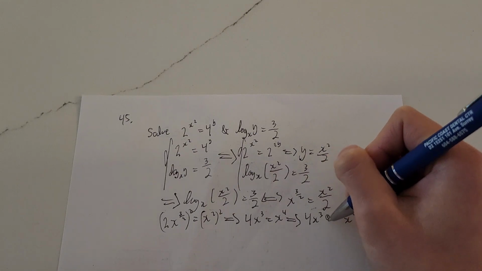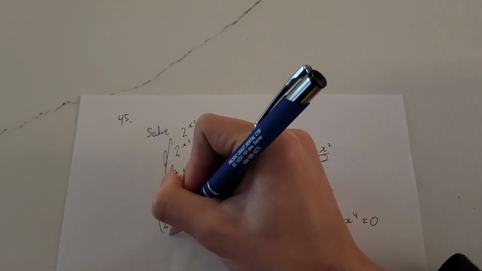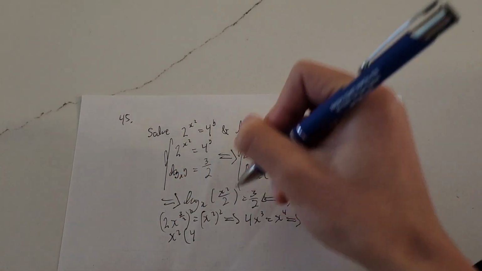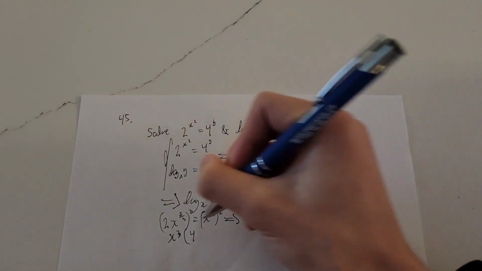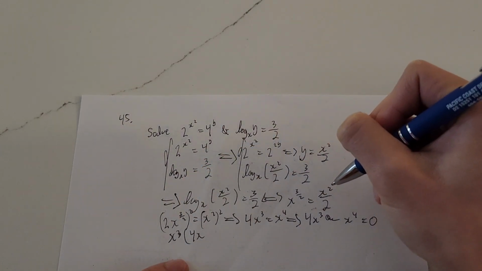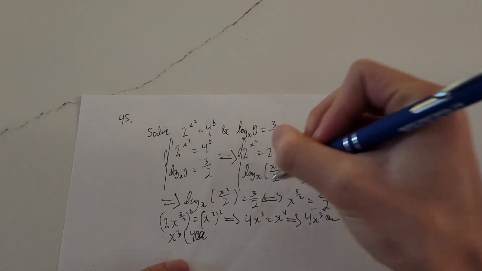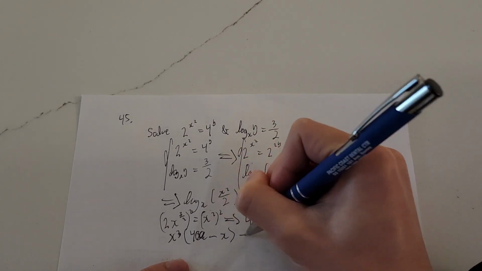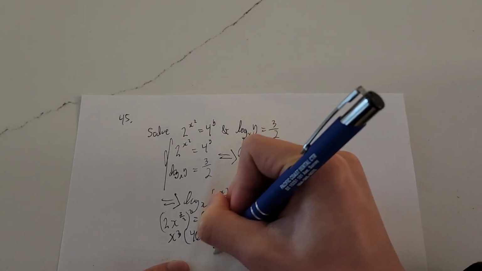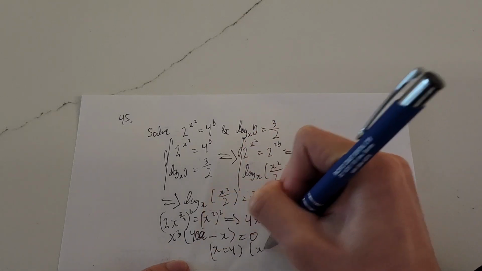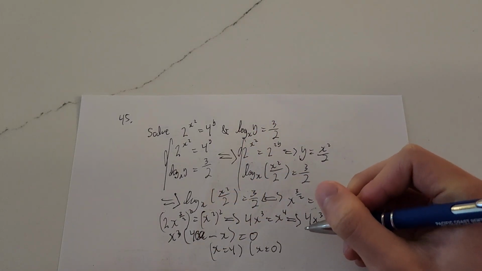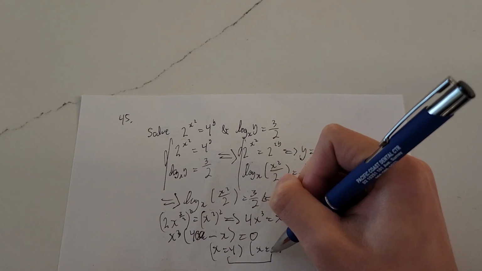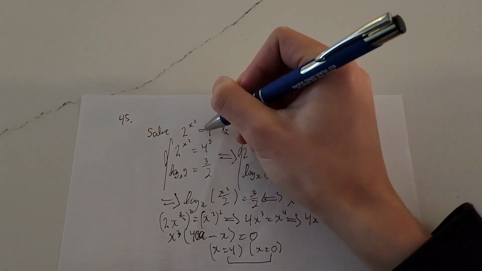So factoring this out, we're going to have x cubed times 4 minus x, and that's going to equal 0. Therefore, we have x is equal to 4, and x is equal to 0. All right? And these are going to be our two main possible solutions. But does 0 work in both of the equations?